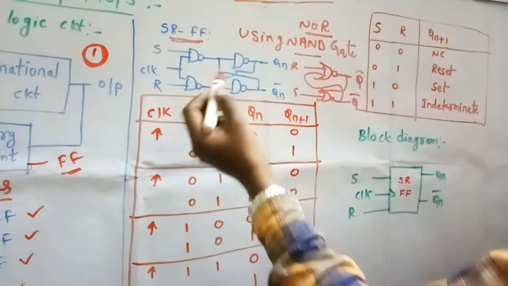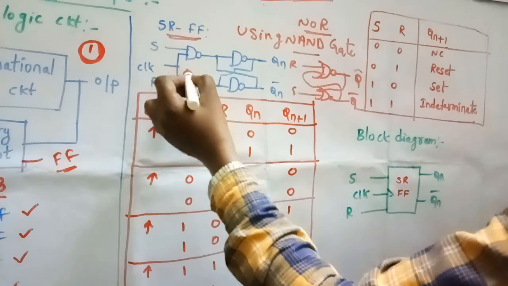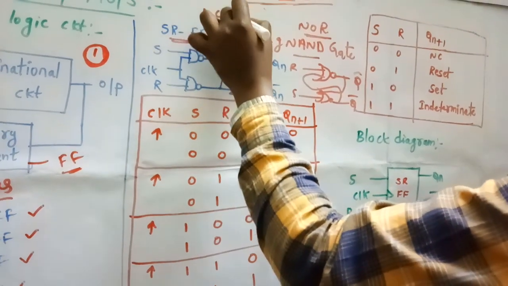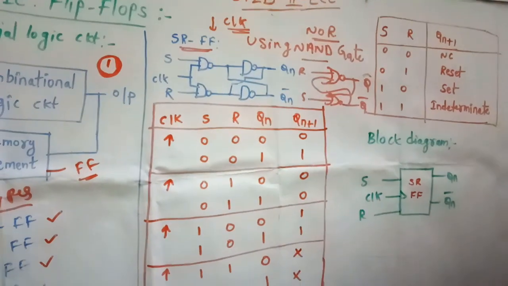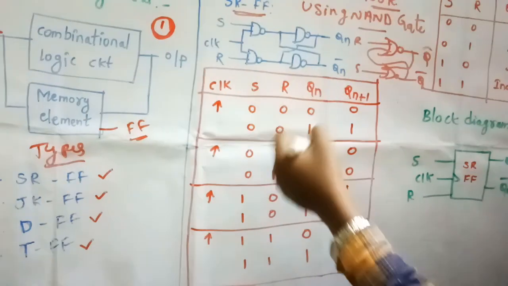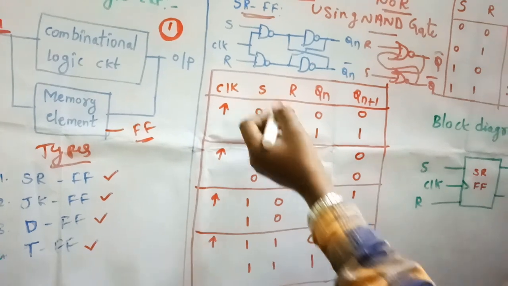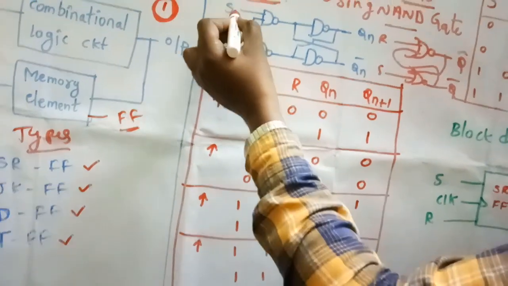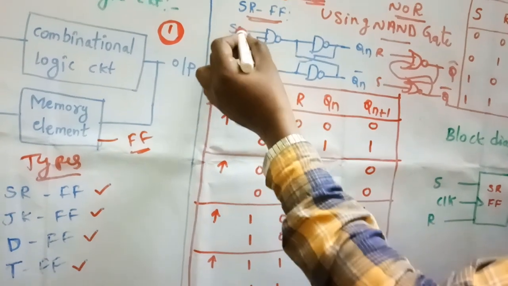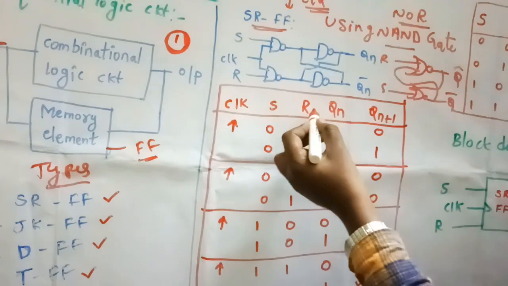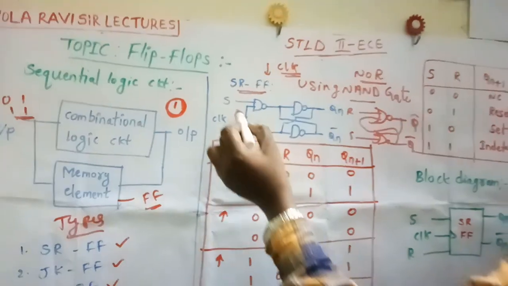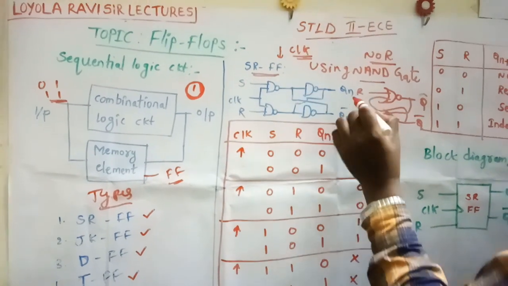Here in the SR flip-flop we are going to apply a clock pulse. This is the clock. For flip-flops we need a clock for all of them. Coming to the SR flip-flop for all combinations, first I am applying the clock, and here we are using two inputs, S and R. That's why they are SR inputs. We already discussed that a sequential circuit depends on the combination of inputs S and R and the previous output, that is Qn.